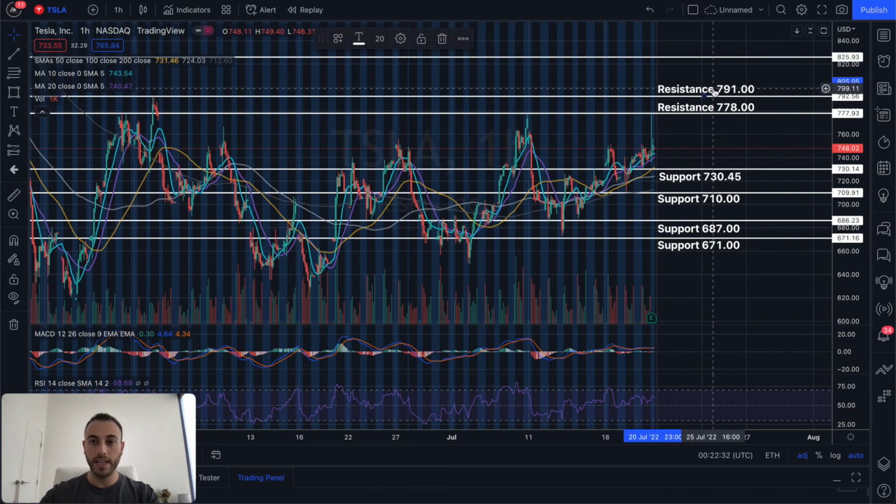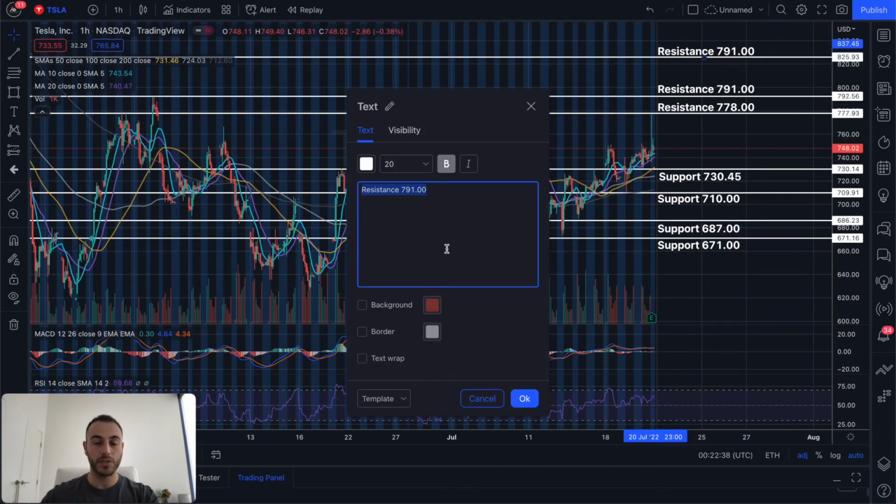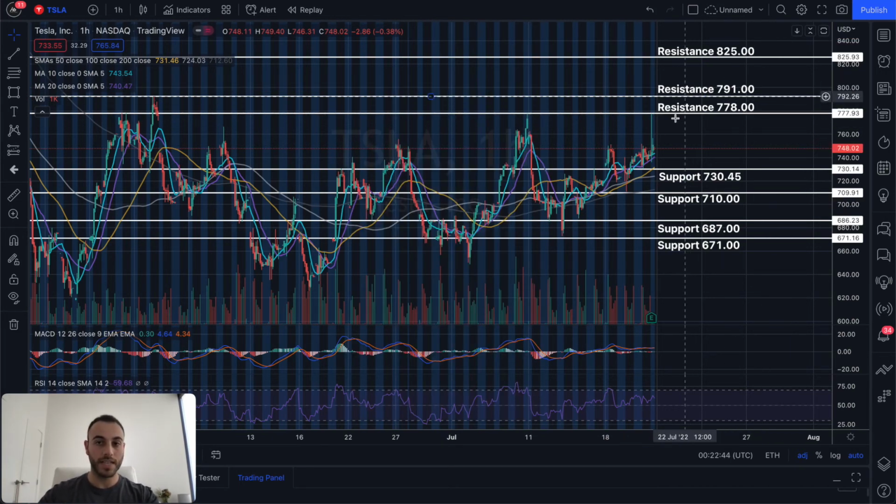So if you are getting into calls on Tesla and you're looking for it to break above 778, you're going to take 791 as your first price target, so take profits there, and then you're going to use 825 as your next price target. You're going to want to start taking profits as it approaches those resistance points because it can reverse just below. Now keep in mind, as long as Tesla is above 730.45, it is technically in a bullish uptrend.